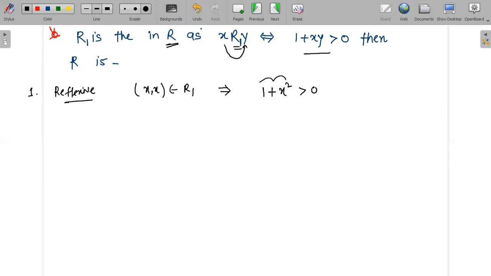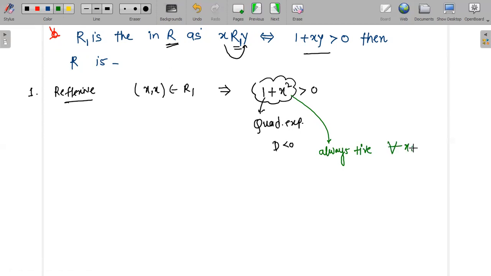Since 1 plus x square is a quadratic expression whose discriminant D is less than 0, a quadratic expression whose D is less than 0 will always give you a positive value, for all x belonging to R, real numbers. So hence this is what we need to prove: your relation is greater than 0. That will make your relation reflexive.